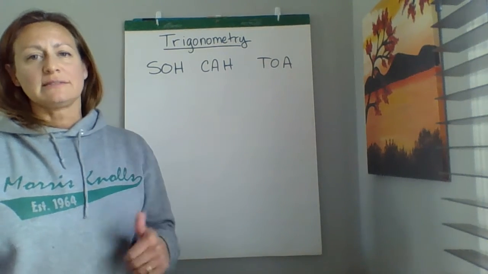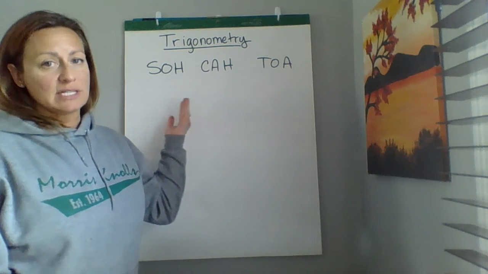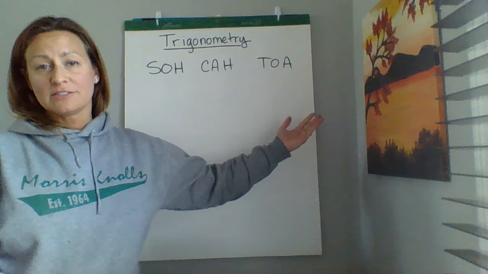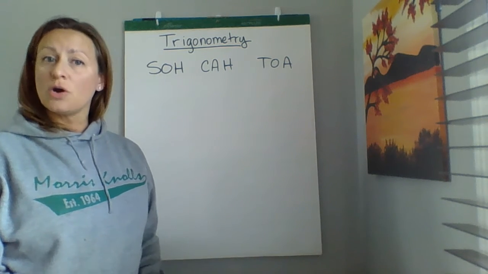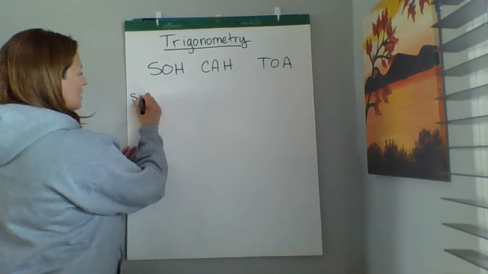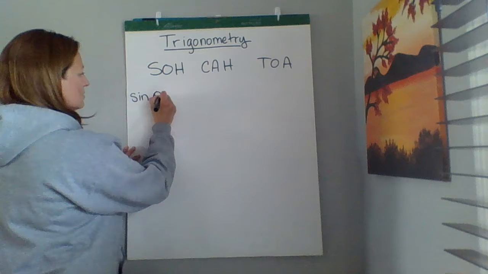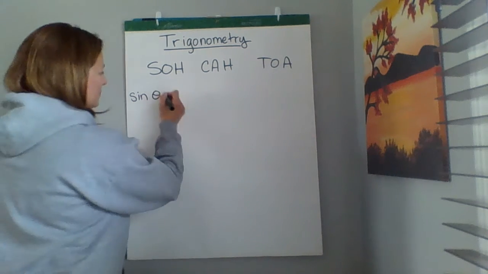Anyway, the last topic was trigonometry, which we summarized with this nice little mnemonic device, SOHCAHTOA. It stands for the sine of an angle. In Khan Academy, they use theta, so I'll just put that here.